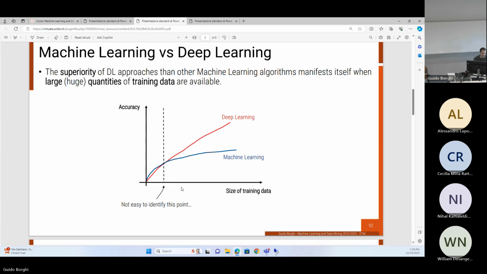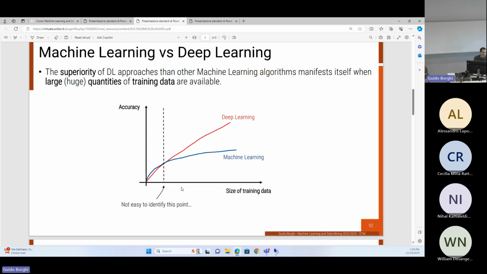So we can only know that with a lot of training data, deep learning approaches are better than machine learning. So if you have to solve a problem and you have only a very limited data set, you can develop a solution based on machine learning. Or you can also think to use, for example, deep learning, fine-tuning the network. So you can download a network pre-trained on ImageNet, for example, and then you can fine-tune the network.